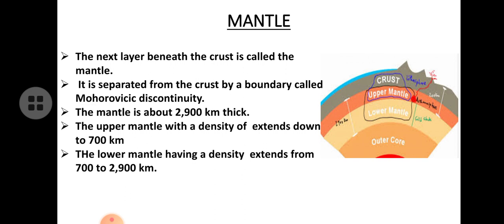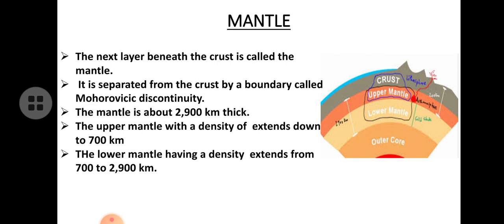The upper mantle extends up to 700 kilometers, it goes deep up to 700 kilometers down the earth. And the lower mantle goes from 700 to 2900 kilometers deep into the earth. The upper mantle is mostly in a solid and liquid combined state, but the lower mantle is full of liquid only.